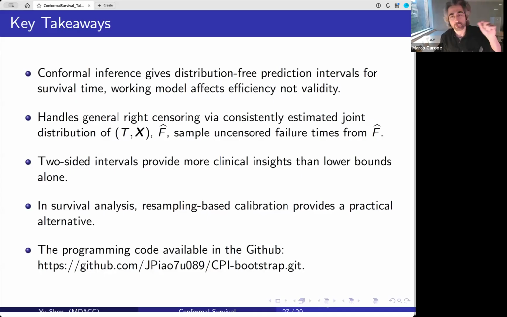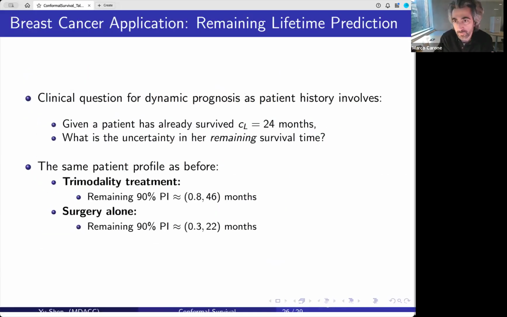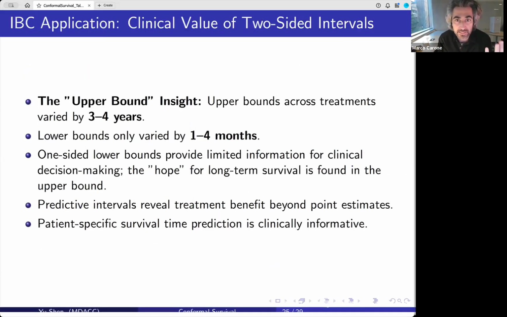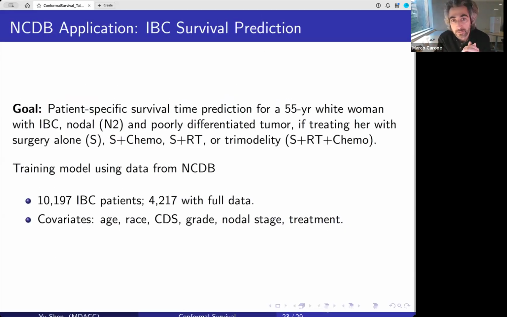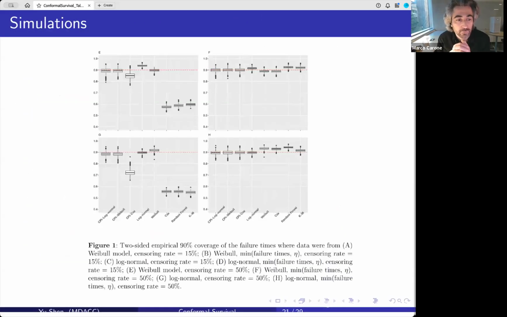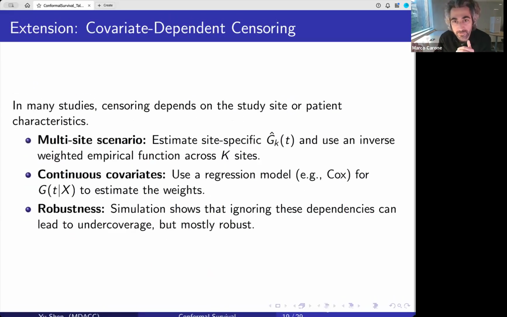So I was going to ask you about censoring and independent versus conditionally independent, but you addressed that. But you said we can use a Cox model there. You could also use presumably a machine learning based algorithm to learn the conditional survival function of the censoring time given covariates. But presumably then you would need to change the estimator, because the estimator you're using for that joint doesn't seem to be an efficient estimator, right? It's very simple to describe, not necessarily the most efficient.